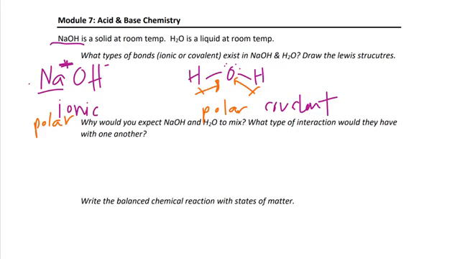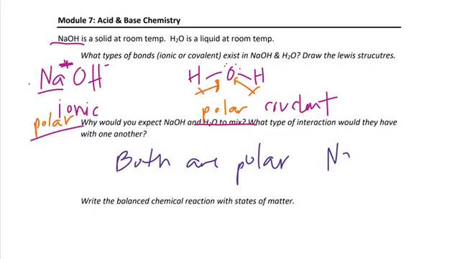So why would we expect them to mix? Well, because both of these compounds are polar, we know that likes mix. So both are polar. And what type of interaction are they going to have with one another? Well, my Na plus is going to be surrounded by my waters, because my slightly negative oxygen is going to be attracted to that positive sodium.